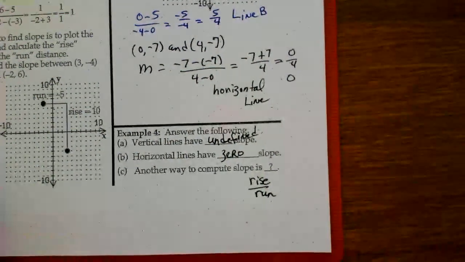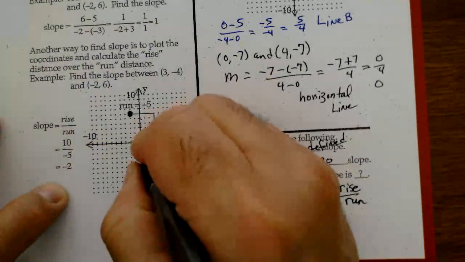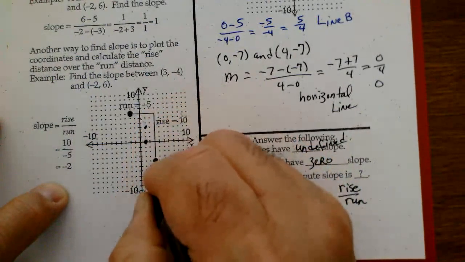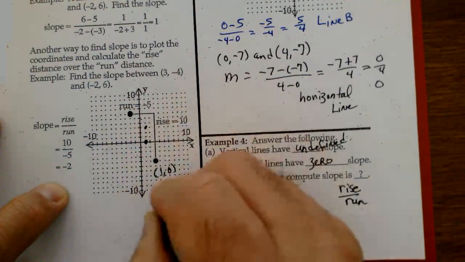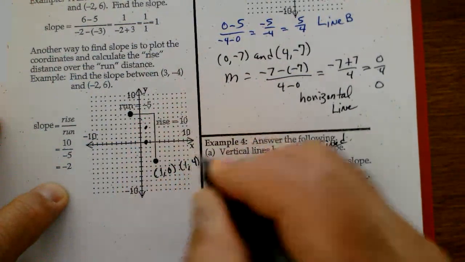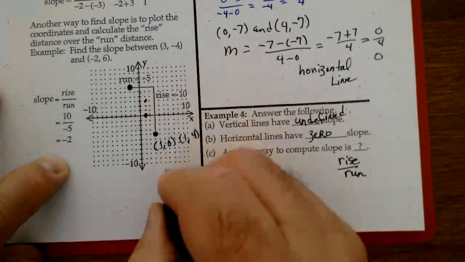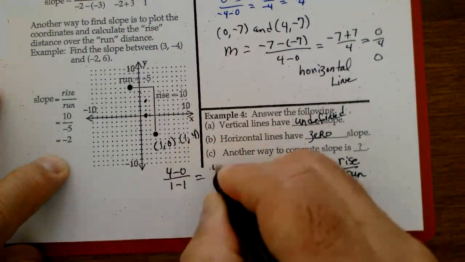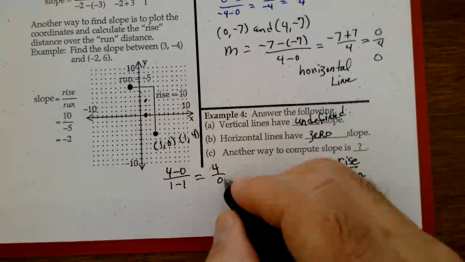Now let's talk about vertical lines. I want to move over here and pick 2 points, this point and that point. That's going to be 1, 0, and 1, 4. If you were to look at the slope of this, you're going to get 4 minus 0 over 1 minus 1. As you could see, dividing by 0 is not defined.